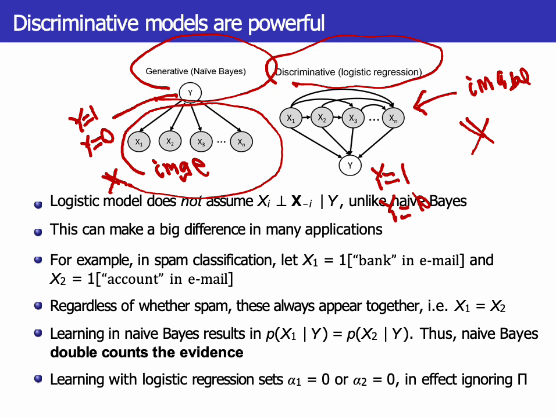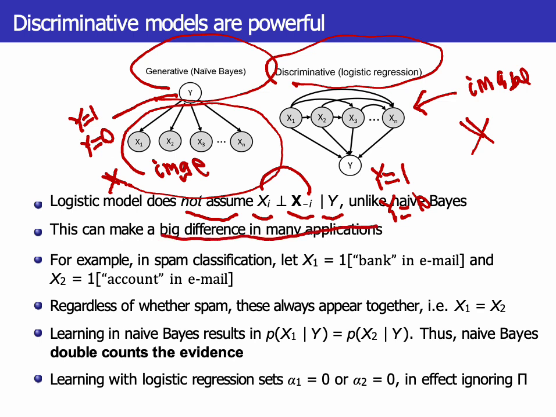And the logistic model does not assume x_i and x_{-i} are independent given y. Unlike Bayes' rule, this makes a big difference in many applications.